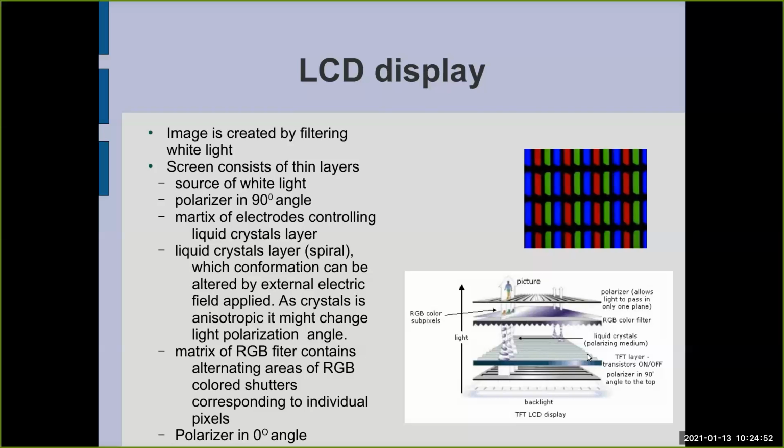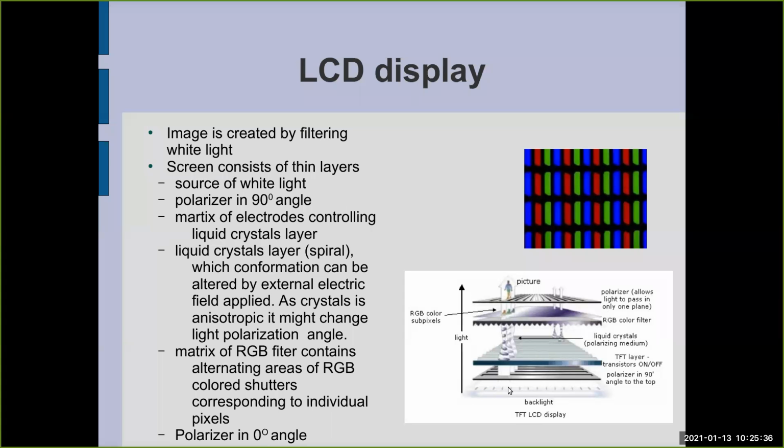So look, if we are able to twist the light vector in a restricted region, we can control the light intensity, because if it is twisted by 90 degrees, in theory, all light should pass through the perpendicular polarizer. If it is not twisted, the polarizer should stop this light, so the pixel should be black.